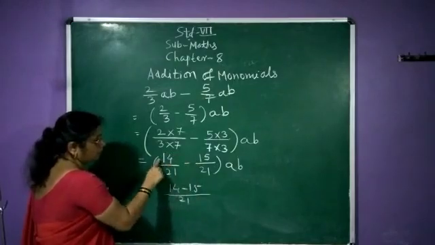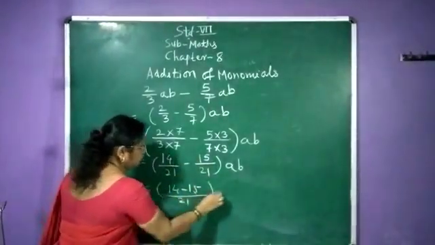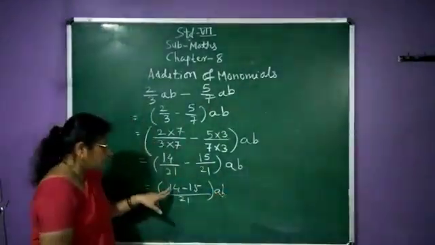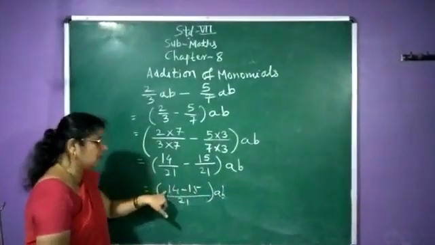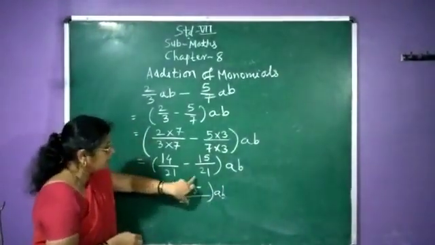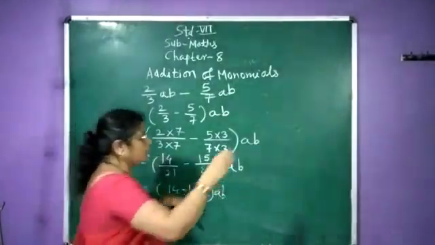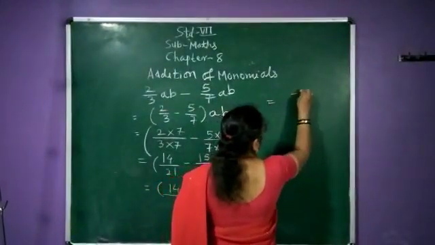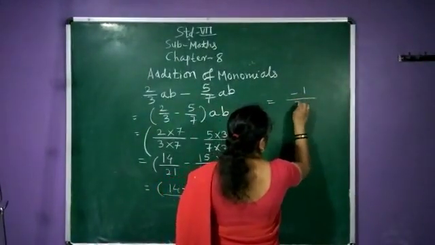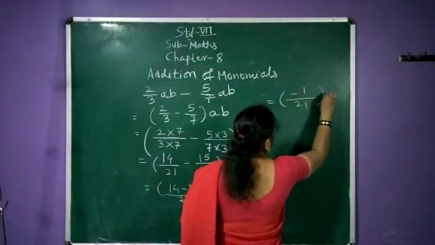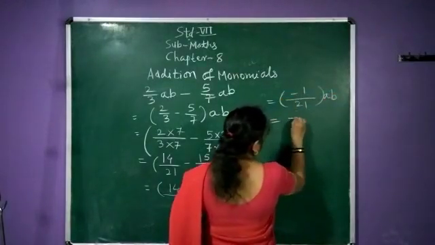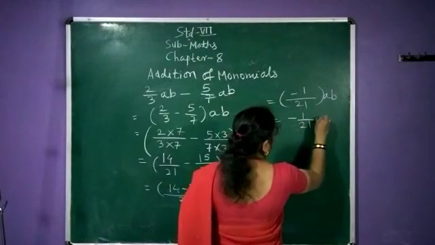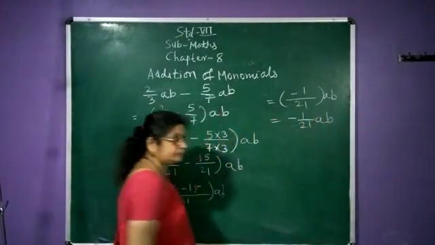Now the subtraction, 14 minus 15 into AB. Here again 15 minus 14 is 1, but the bigger number is 15, so which sign will come over here? Minus. So 1 upon 21 into AB, and your answer is minus 1 upon 21 AB.